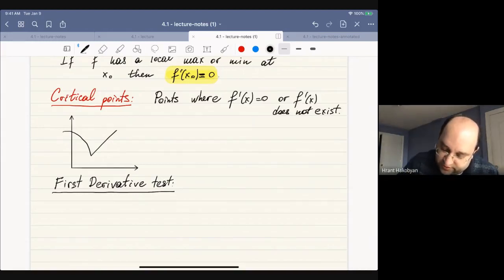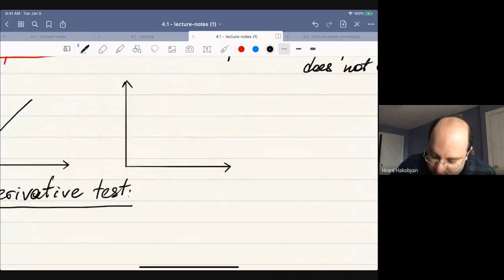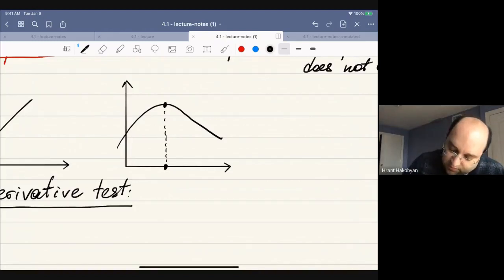So let's look at the picture so that we can understand. Let's draw a picture of a maximum. We have a maximum at this point here. So what can we say about the derivative? At this point, x naught, the derivative is 0 because the tangent is horizontal.